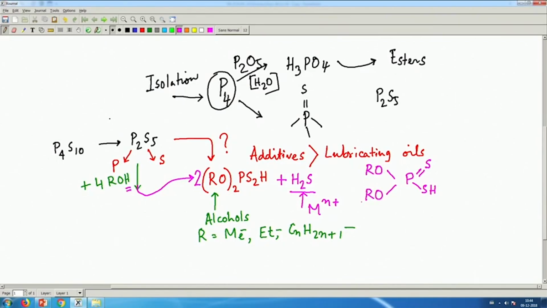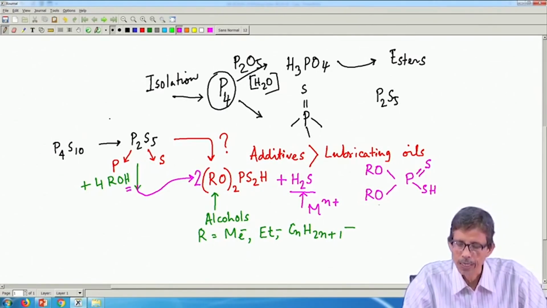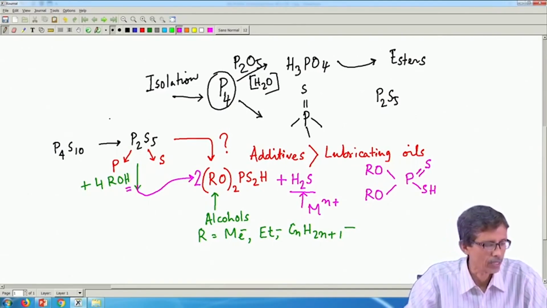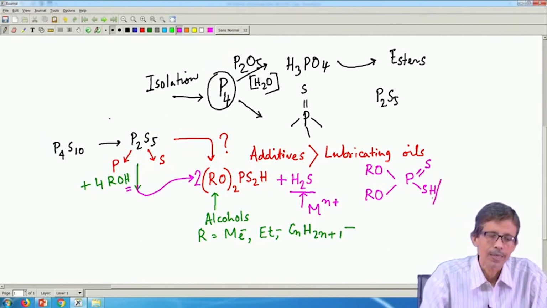The modification is such that we are moving from P4 to P2S5 or P4S10, then putting oxygen over here from the alcohol. So, this molecule has phosphorus, sulfur as well as oxygen, and this H is there.